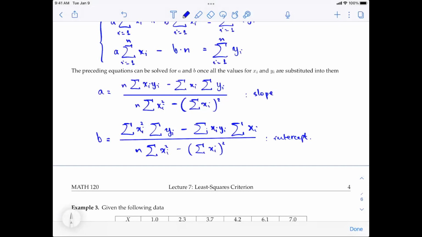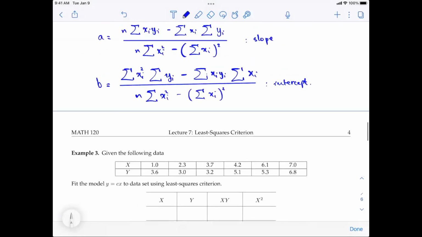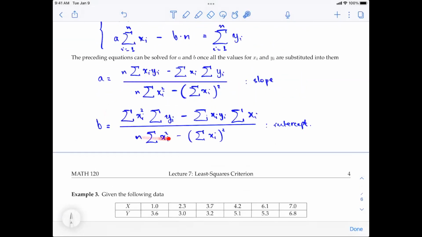Okay, so here is the example. This is our focus right here. This is the value of a, this is the value of b, and this formula works for the linear equation of the form y equal to ax plus b, where a is the slope and b is the intercept.